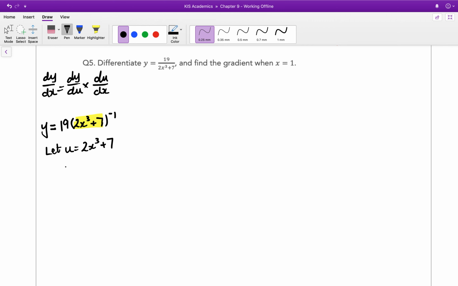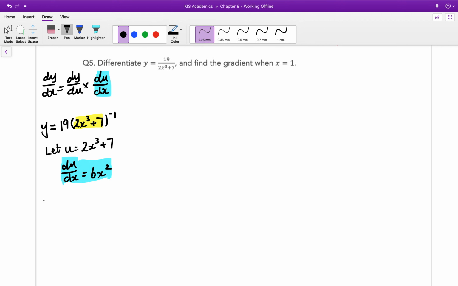And then we're going to find du dx. So du dx is equal to 3 times 2 is 6, x to the power of 2. So this is our first derivative, du dx.